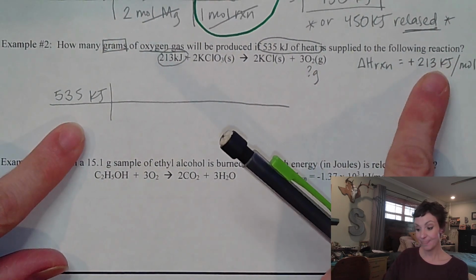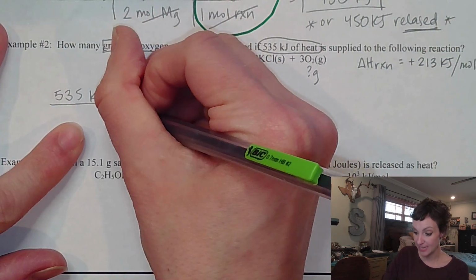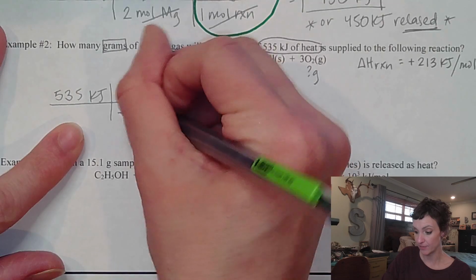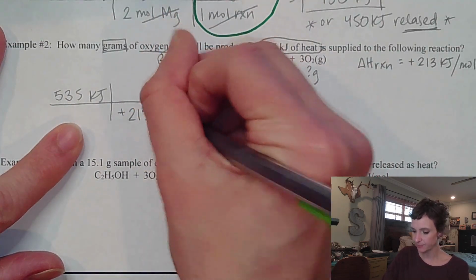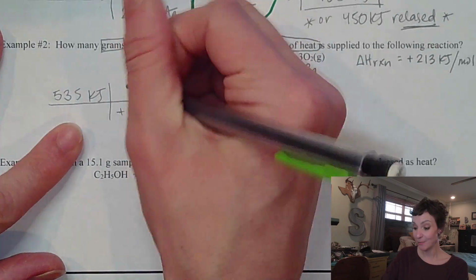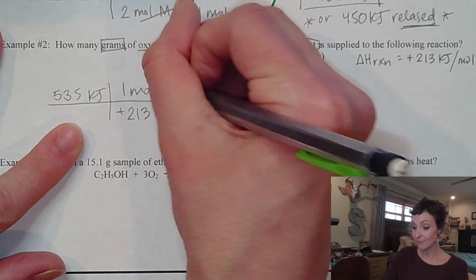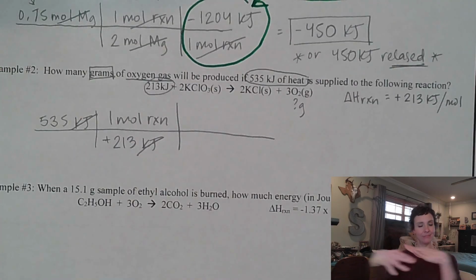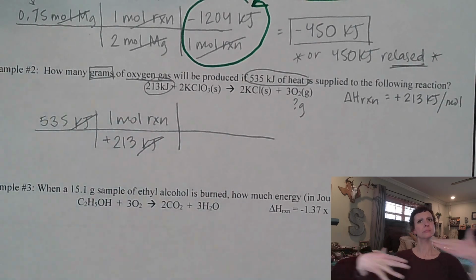Look at that. That means I can put the positive, and you don't have to put positive. If it makes you feel better, you can put positive. I won't count off for that. 213 kilojoules per every 1 mole of the reaction. Boom, boom. So now I'm talking about one of these reactions.